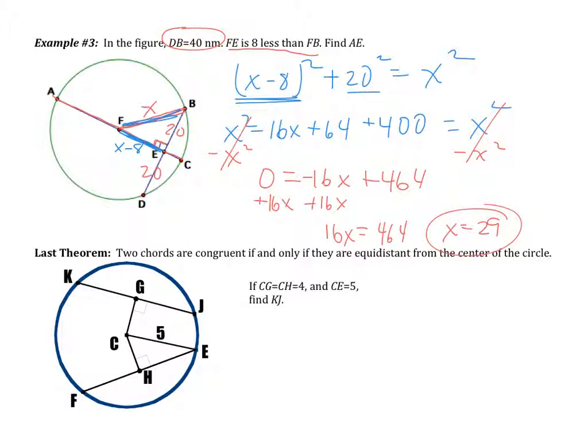Okay? Now, the answer is not 29. She said the answer is 50. Okay? Now, you asked, how are you supposed to figure out what the length of AF is? But we just figured out that FB is 29. So what's AF? 29. Why are they both 29?